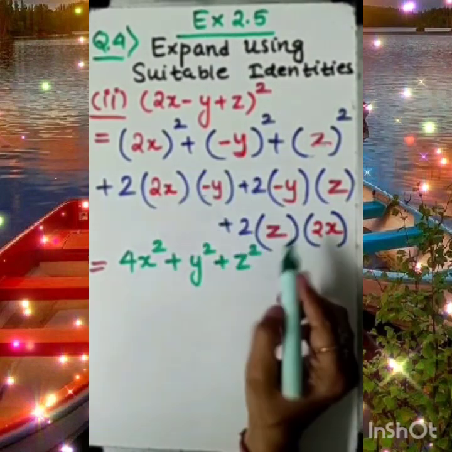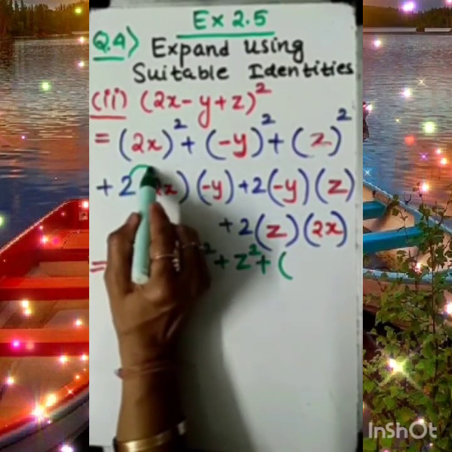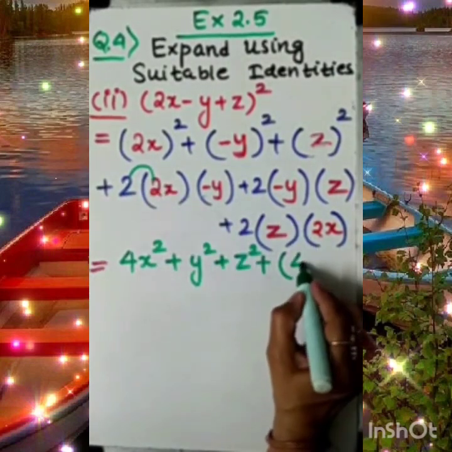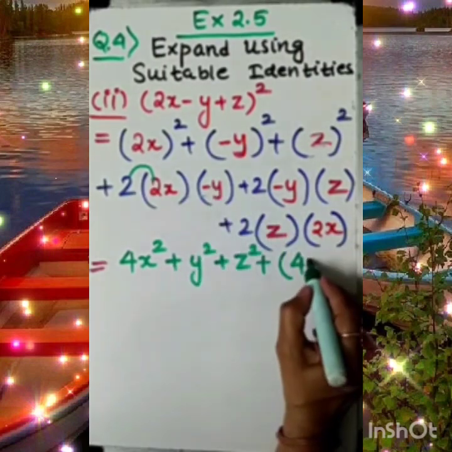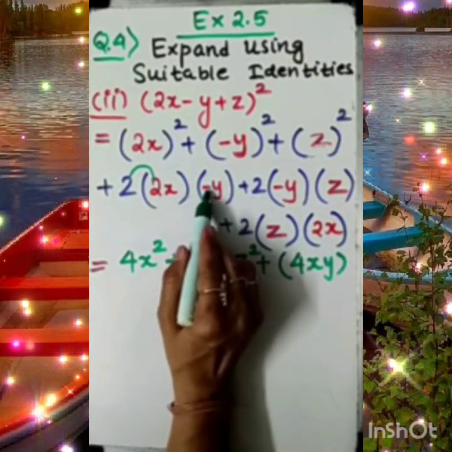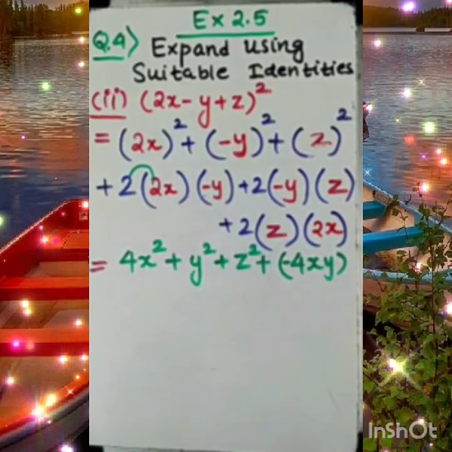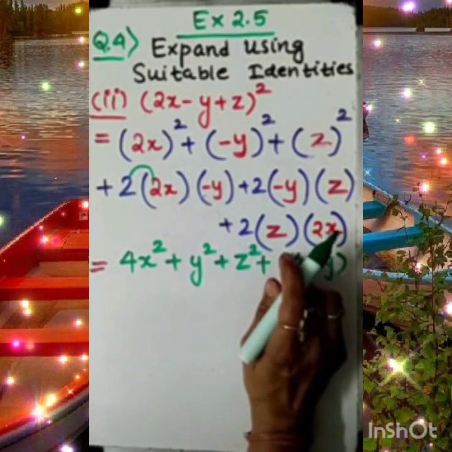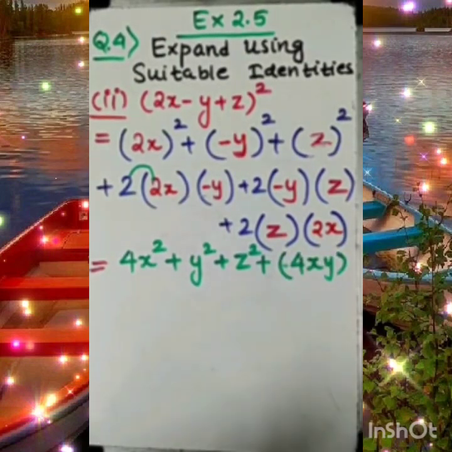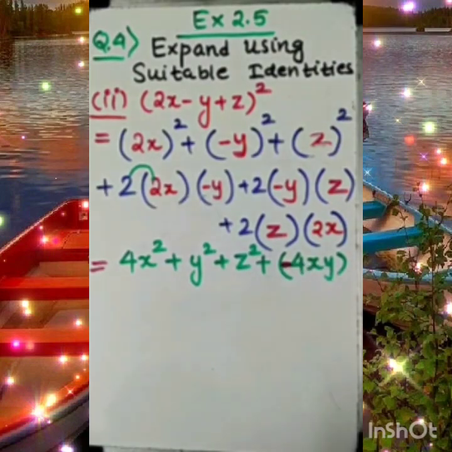Now let's work out for this term. As usual I am putting a plus sign. Now multiply 2 by 2, of course 4. What about x into y? That is xy. But because one sign is negative, I need to mention here minus 4xy. So dear student, be careful. I am writing it with my red marker so it will be convenient for you to understand: minus 4xy.